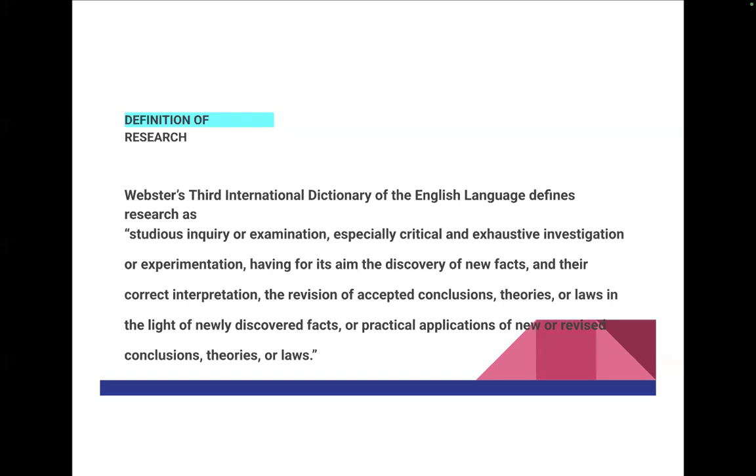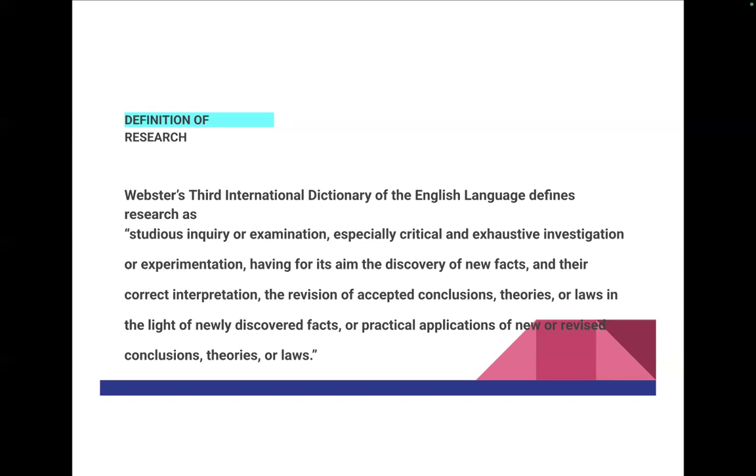This is from a popular English dictionary, Webster's Third International Dictionary, and it defines research as studious inquiry or examination, especially critical and exhaustive investigation or experimentation having for its aim the discovery of new facts, their correct interpretation, the revision of accepted conclusions, theories, or laws in the light of newly discovered facts, or practical applications of new or revised conclusions, theories, or laws.